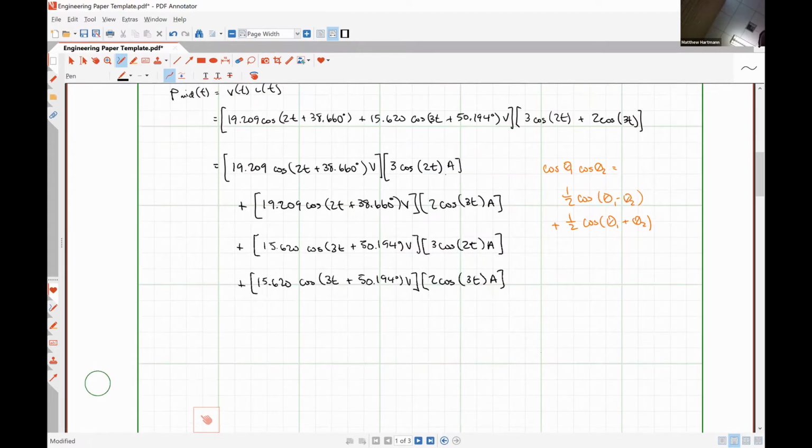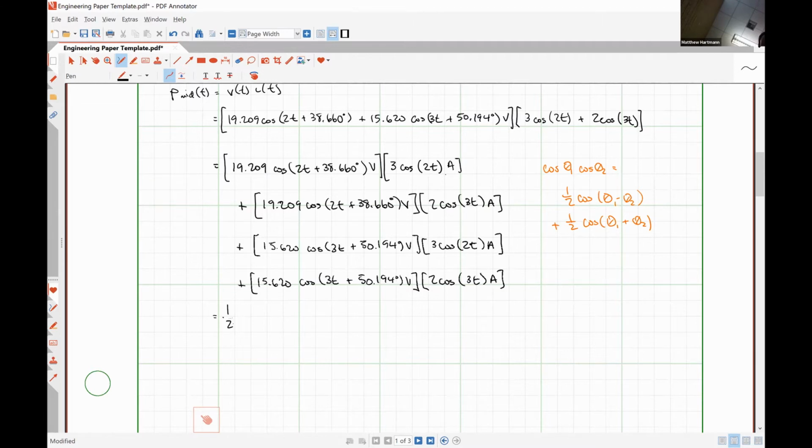So if we look at our first multiplication term, we're also multiplying by a factor of 19.209 volts and a factor of 3 amps.